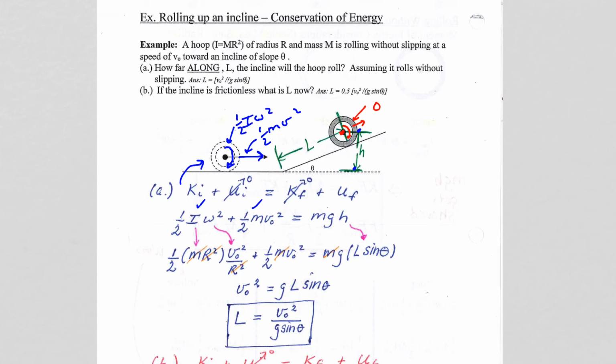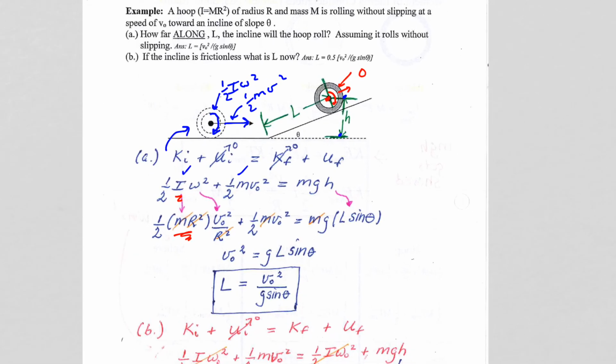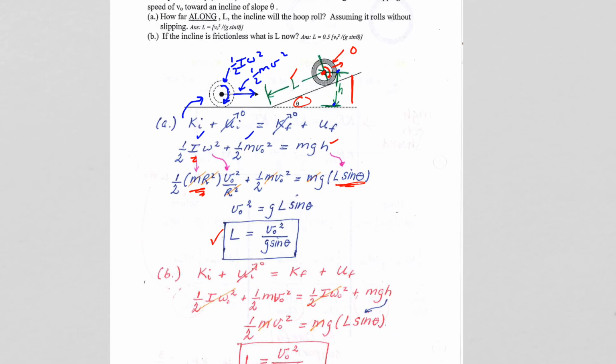It's a hoop, so our moment of inertia is mr squared, and we can calculate very nicely the length along the incline. Remember, the h is the opposite, so we have sine theta equals opposite over hypotenuse. So when we solve for the h, we get L sine theta to put it in terms of our distance along the incline.